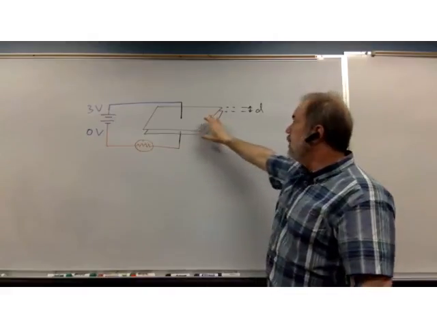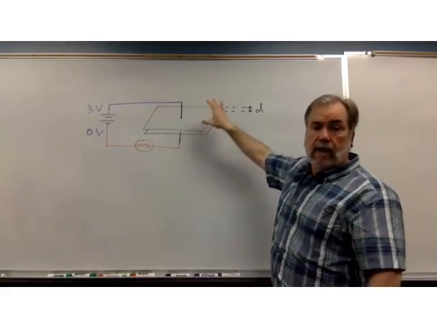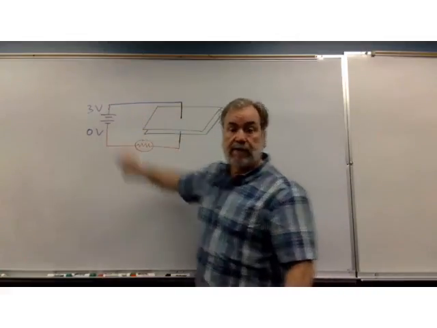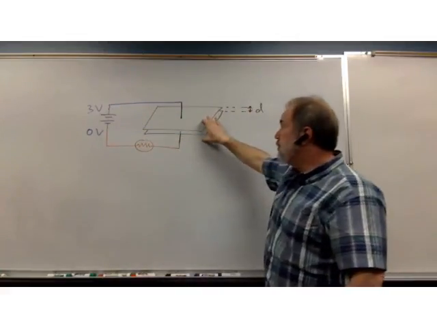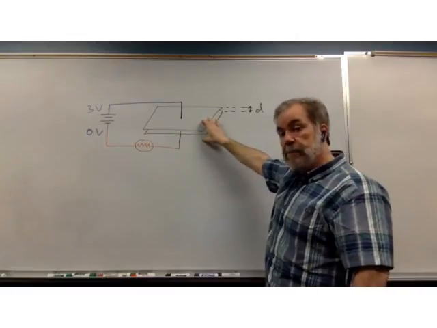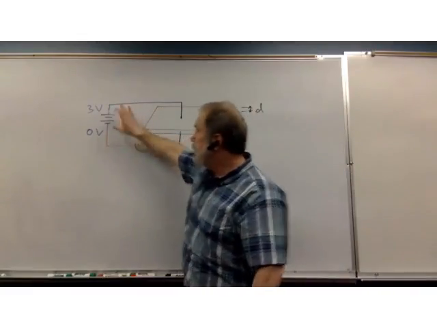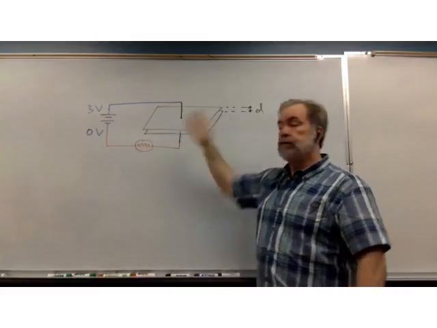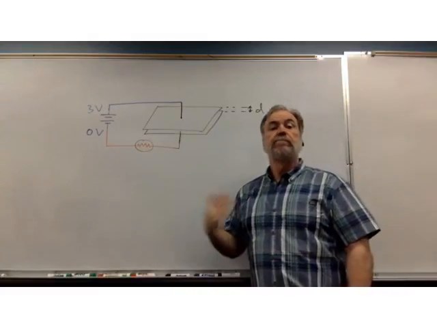Eventually, enough charge gets transferred that a new potential difference has been created in addition to the potential difference of the battery. And when the potential difference between the plates becomes equal and has the opposite sign of this potential difference, the total potential difference from here to here becomes 0.